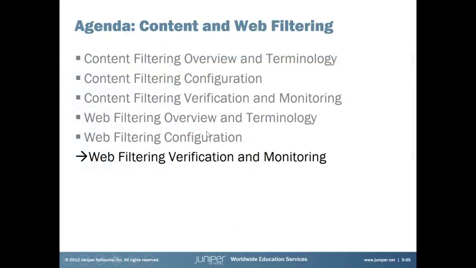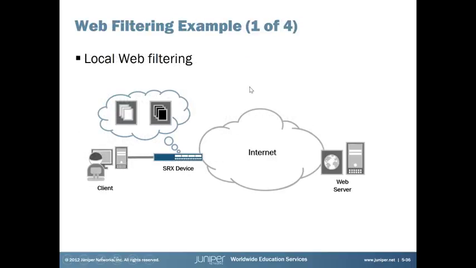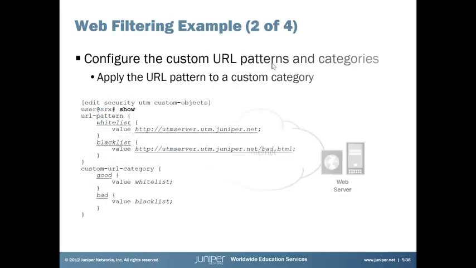Okay, let's take a look at verification and monitoring. So here's our client, local device. We've got whitelist, we've got blacklist set up there. Edit security UTM custom objects. We're taking a look at what our whitelists are, looking at what our blacklists are.